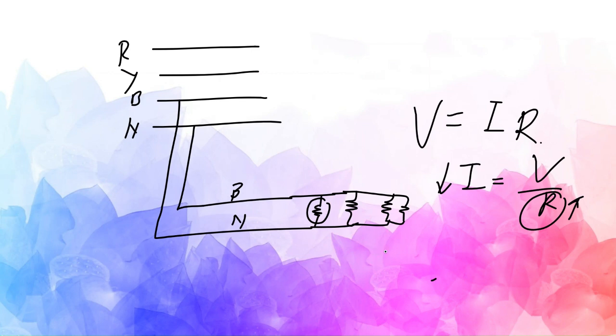The equivalent resistance of the parallel circuit is R1 R2 by R1 plus R2, and once you add more, it is plus R3 plus R4, like that. So when there is a parallel circuit, the equivalent resistance goes down as you keep on increasing the load.